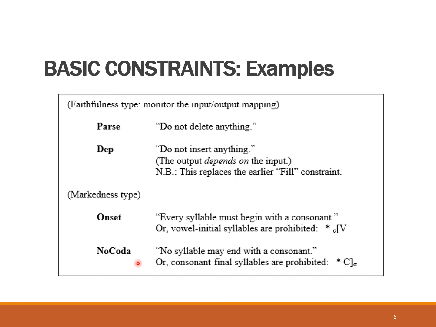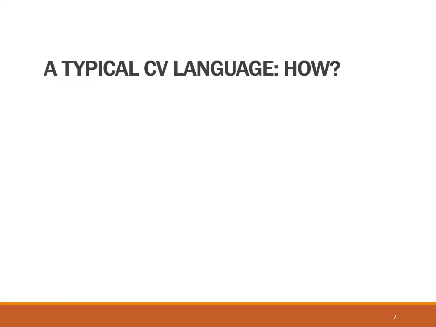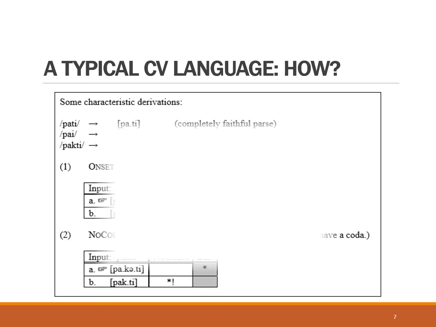The other one is no coda, which requires that no syllable may end with a consonant, so all syllables should be open. These are two markedness constraints which operate at the syllabic level of a linguistic structure. So how does a CV language then emerge?